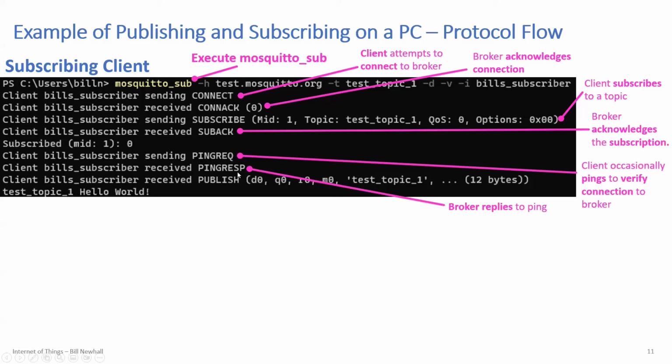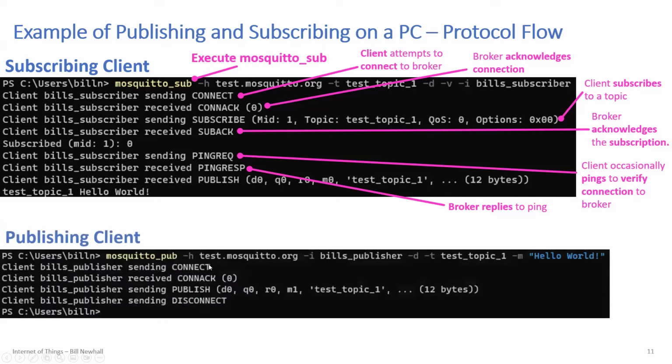You can set that time, and it might happen every minute or 2 or 10 minutes. It doesn't matter. But then you know the broker's still there, and I still expect to receive messages through this subscription. Those pings might happen over and over again.